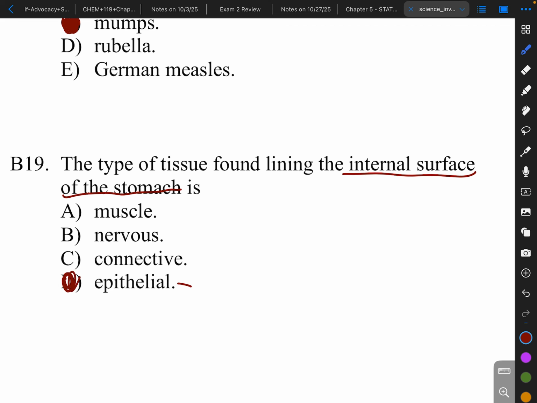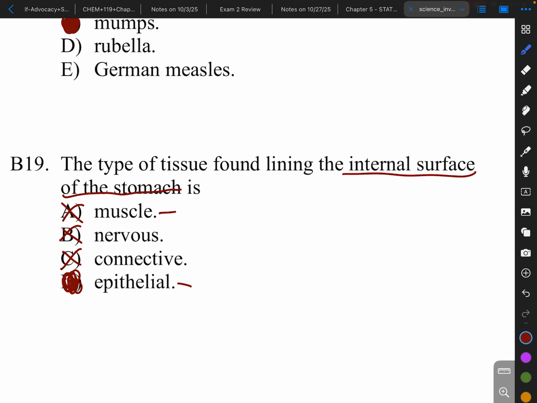Muscle tissue is tempting, but that's more the inner part of our stomach, not the internal lining. And nervous tissue makes no sense because we do not have any nerves on the inside of our stomach. Connective tissue is pretty much anything that's not the other three, like blood, bone, fat, any cells like that. So the answer to this one would be D.